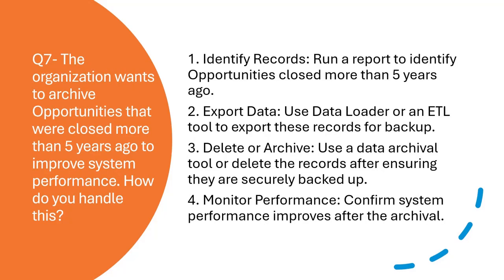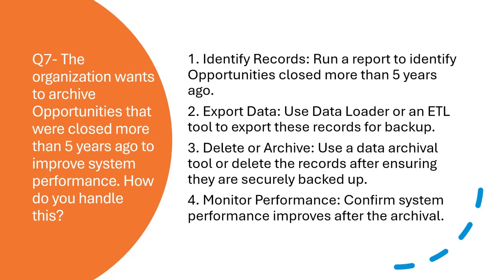Question 7, the organization wants to archive opportunities that were closed more than 5 years ago to improve system performance. How do you handle this? I will identify records first. I'll run a report to identify opportunities which were closed more than 5 years ago.